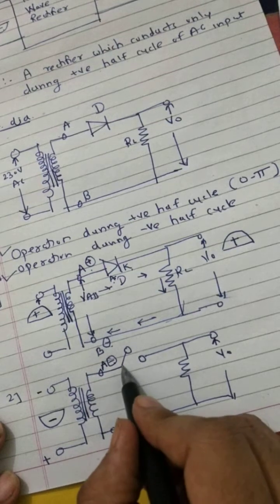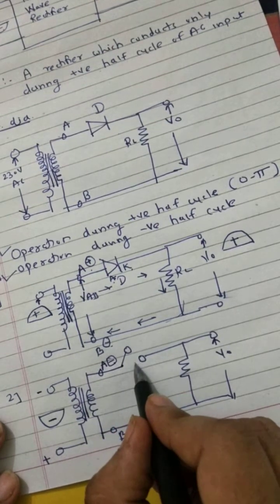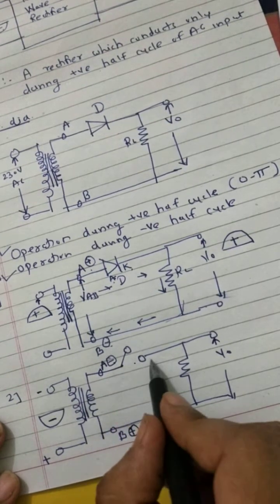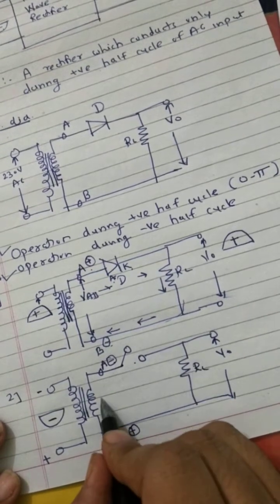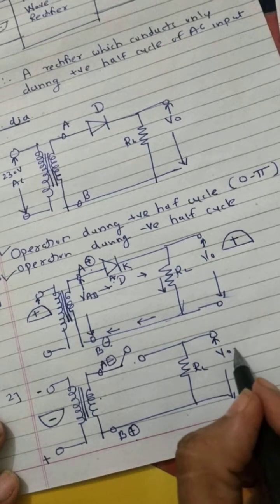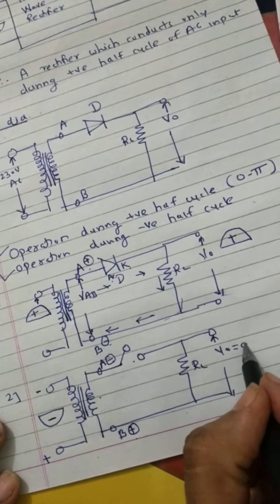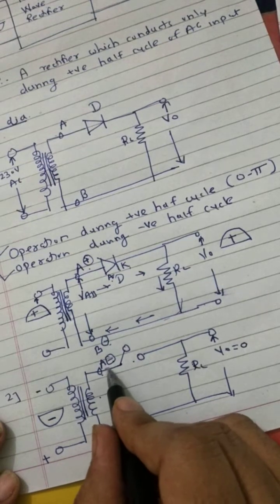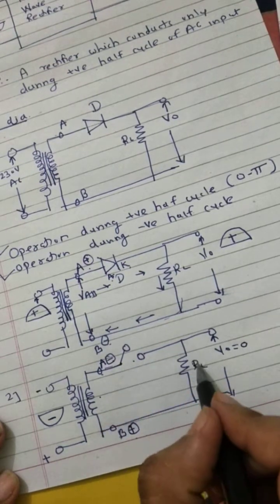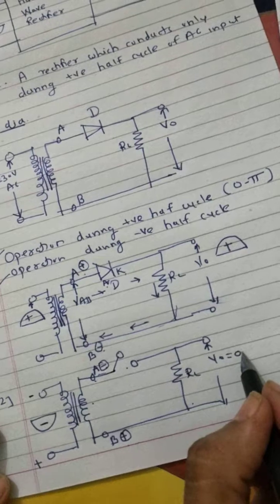Hence the circuit is disconnected here, as you can see in the diagram. So the load is disconnected from the secondary winding. The output voltage during the negative half cycle is 0, as no voltage or current is supplied to the load.